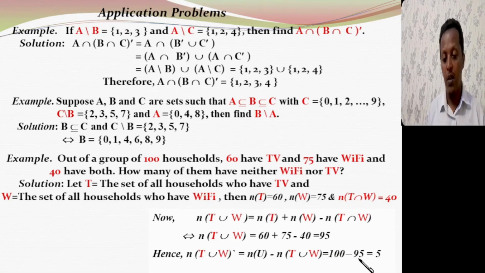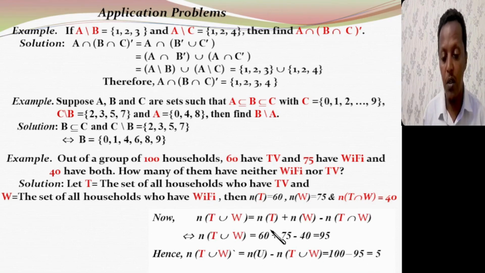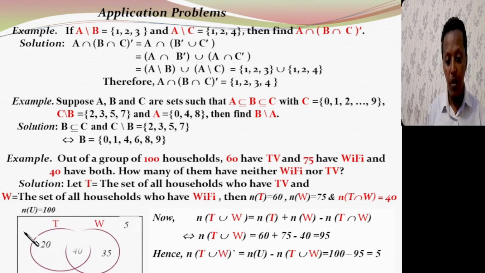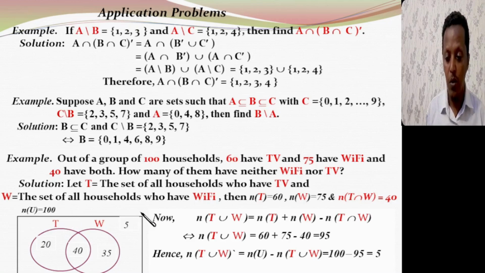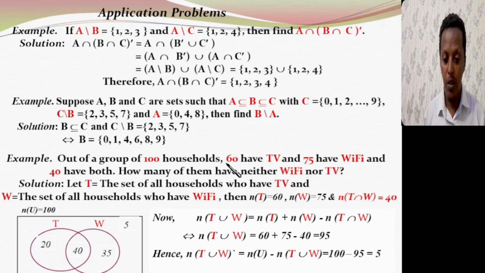5. And again, we can demonstrate this concept based on the Venn diagram. The rectangle represents the total number of households. Within the rectangle, the first circle represents those having TV. 60 have TV. Out of 60, 40 have Wi-Fi too.